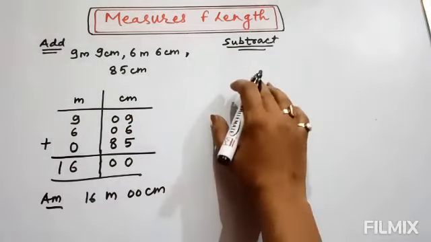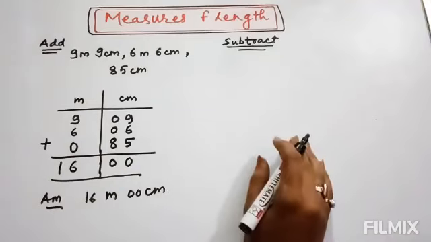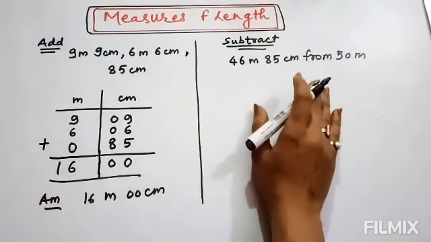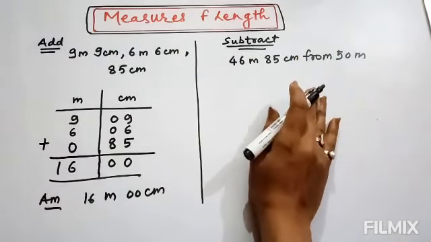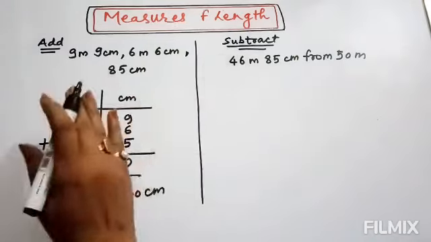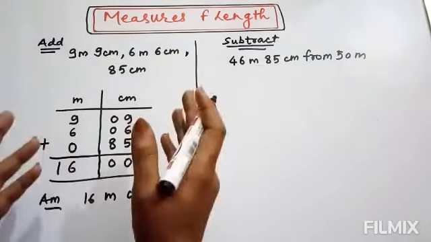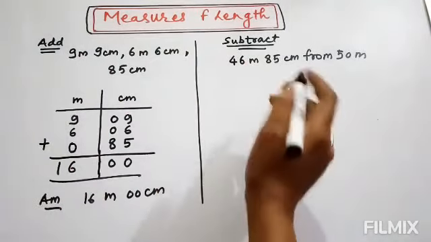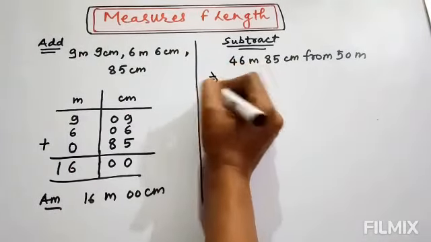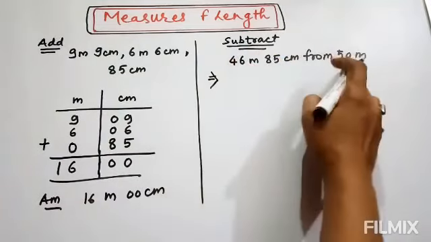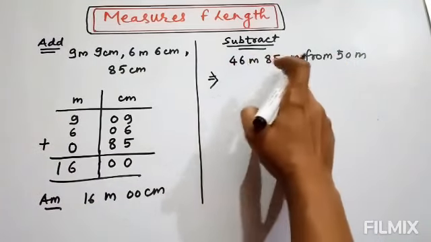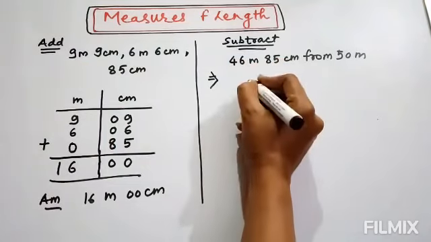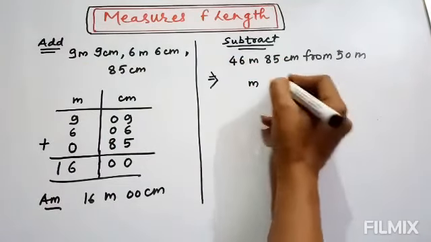Now we'll do another question of subtraction. This will be the last subtraction of this video. You will understand how to add and subtract and how to convert from a higher unit to a smaller unit and from a smaller unit to a higher unit. Let's do this question as I explain. First of all, we will observe which units we have to separate, meter and centimeter.